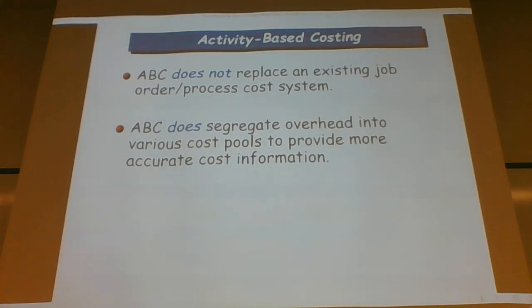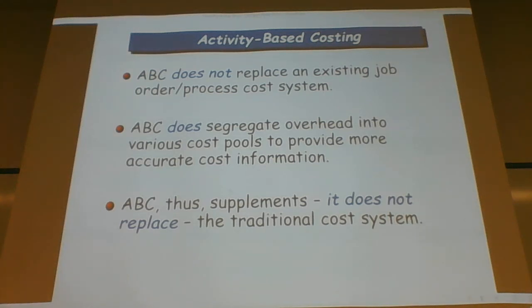There is a cost-benefit relationship here. We can get the most accurate cost possible if we want to divide these overhead costs into 370 different activity pools and cost drivers, but that's a very, very expensive process. So just keep in mind there is a cost-benefit analysis that needs to be done here as well.